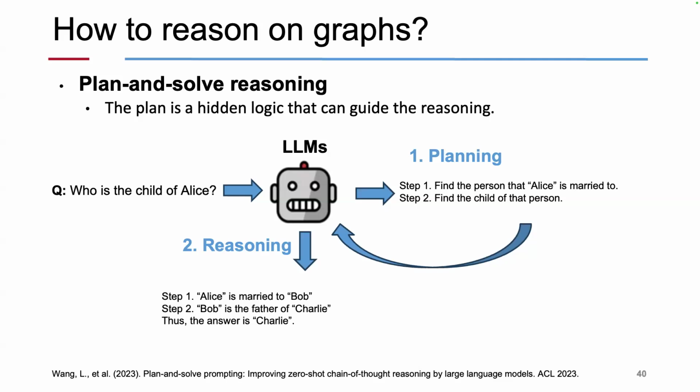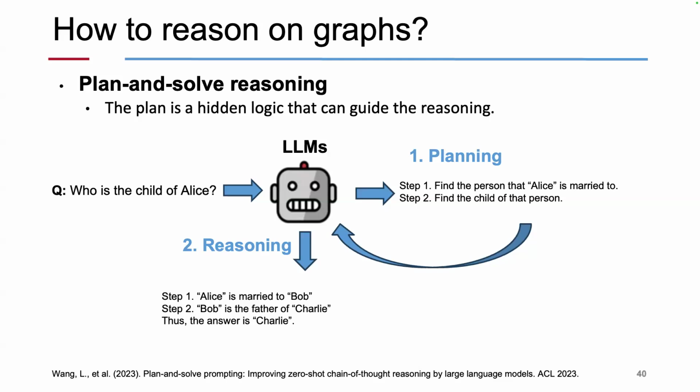For example, who is a child of Alice? Then we can generate a plan. The first step is to find the person that Alice is married to. Then in the second step, we find the child of that person. Based on this plan, we can conduct the reasoning step by step. Alice is married to Bob, and Bob is the father of Charlie, so the final answer is Charlie.